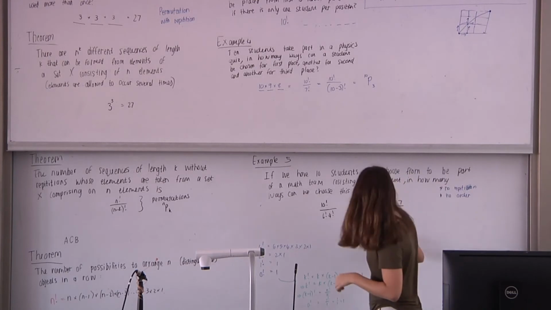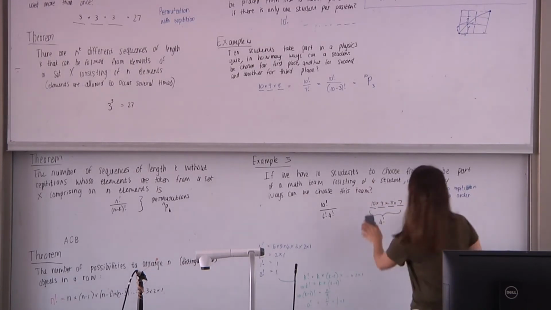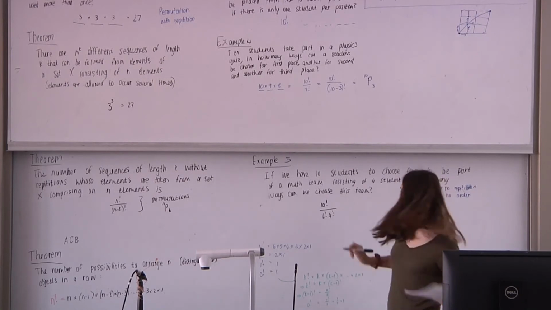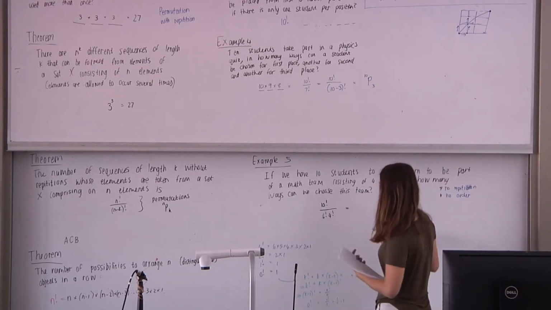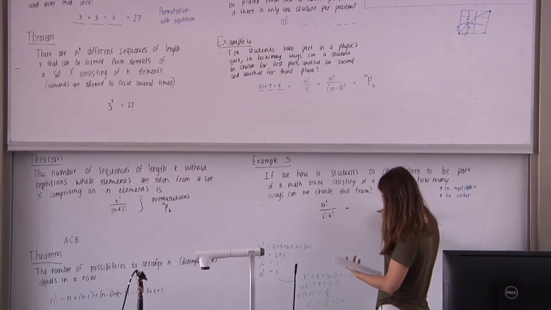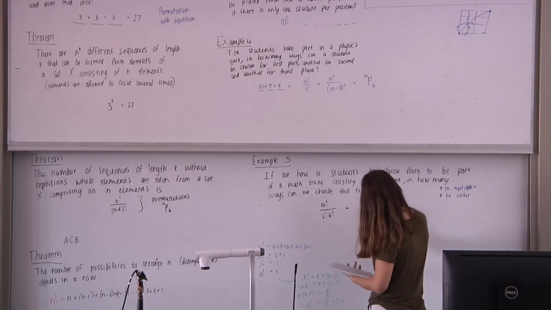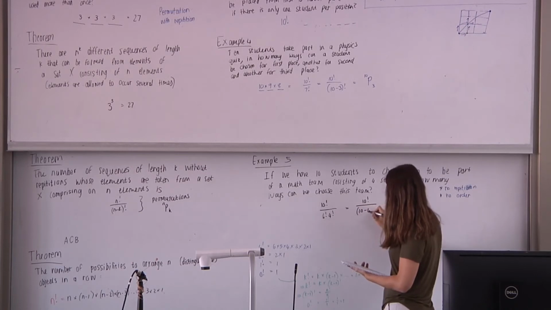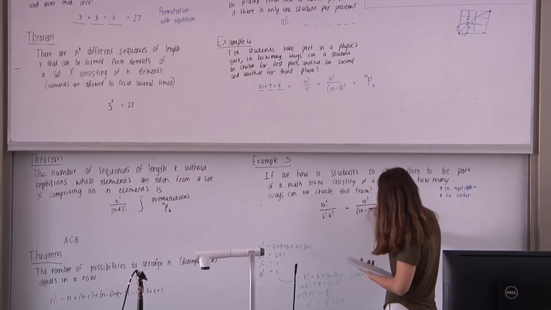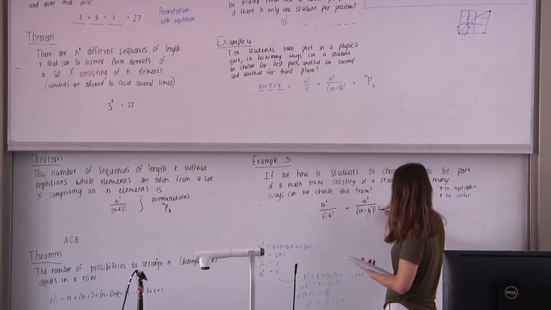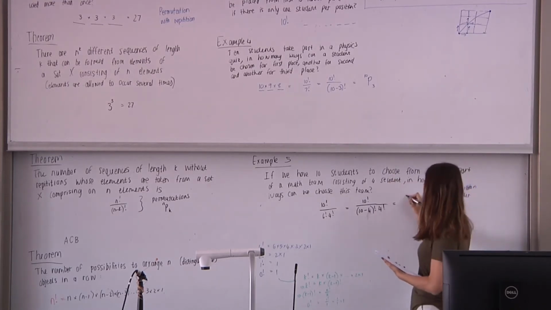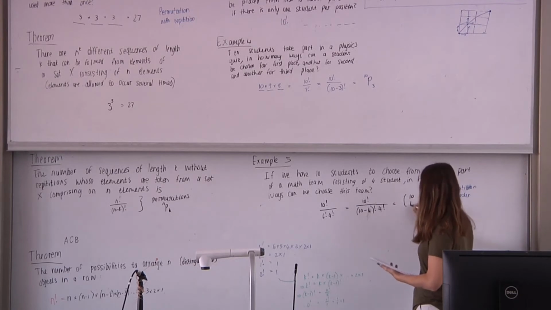Okay, so what we wrote here is what we describe as being our choose function. So we basically had 10 factorial over 10 minus 4 factorial times 4 factorial, and we can rewrite this as 10 choose 4.